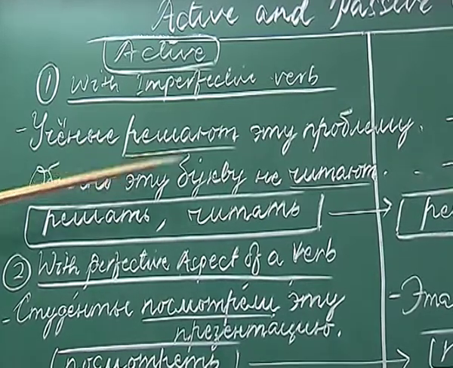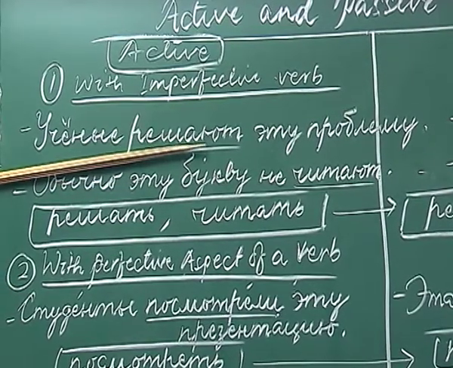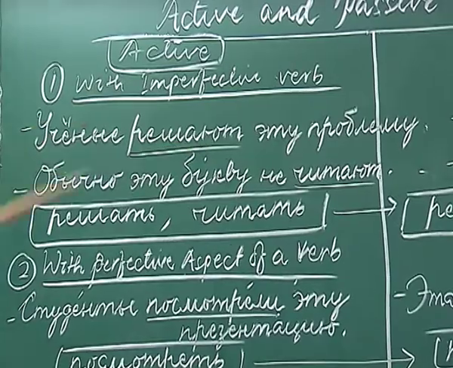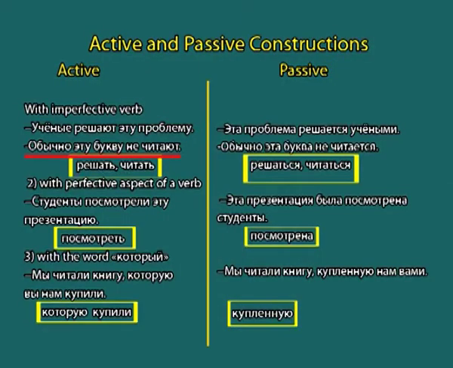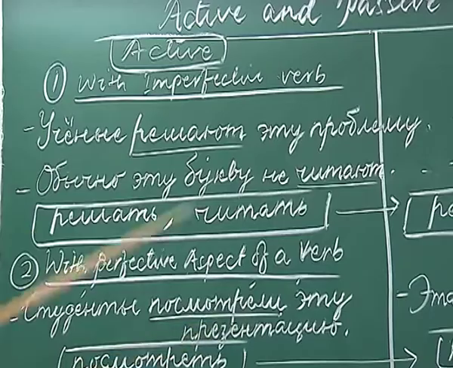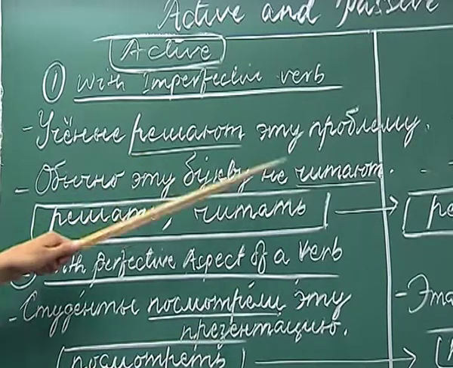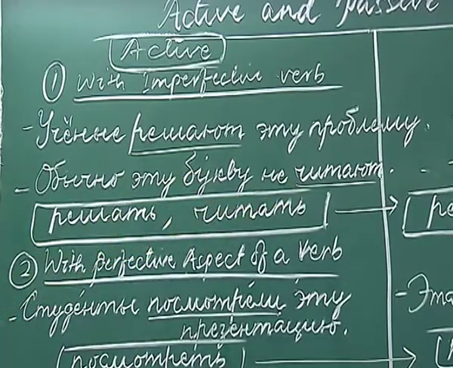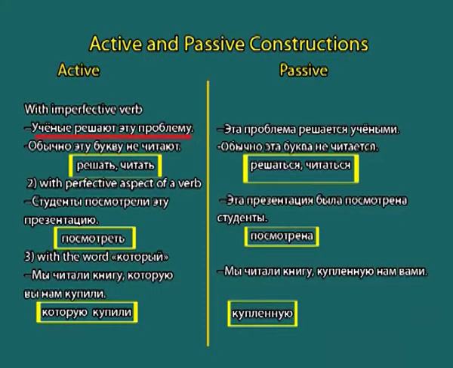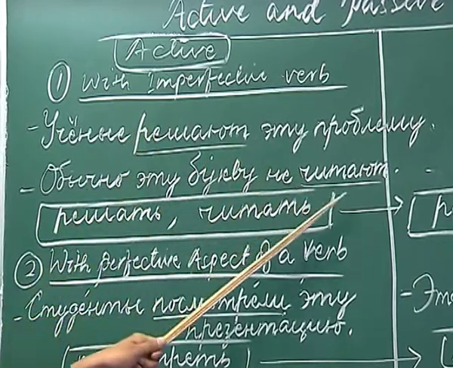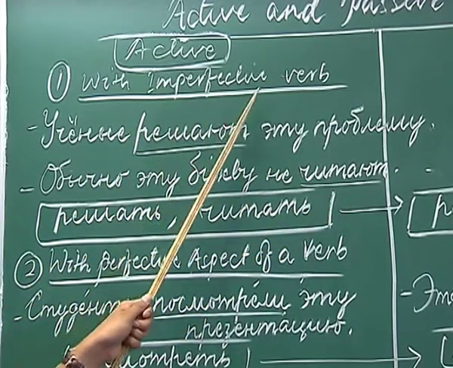So, here as you can see, rishat is the imperfective aspect of the verb, and the second example we have is abhychna etu bukvu nichitayut. Usually this letter is not read or not pronounced. In these 2 sentences we can see that the verbs are in the imperfective aspect.